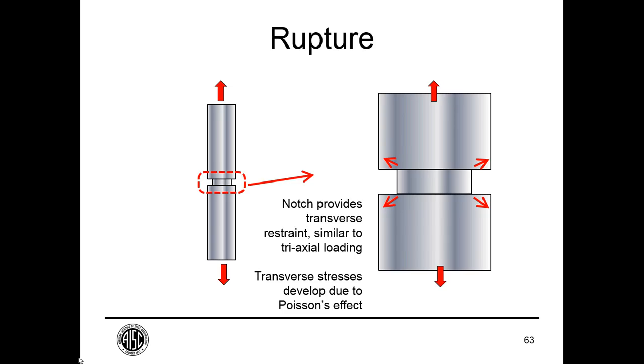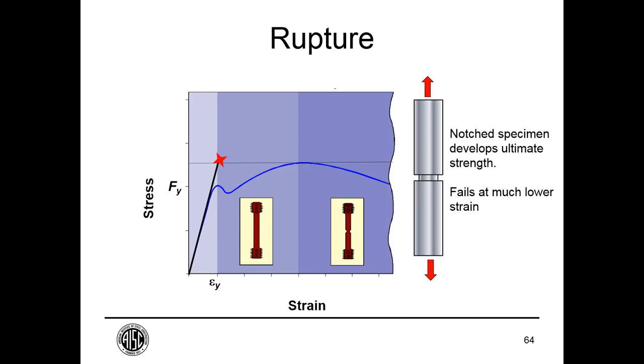As we stress it in its longitudinal direction, it tries to reduce its cross section due to Poisson's effect. But the higher stressed area in the middle can't reduce because it's restrained by the lower stressed area immediately above and below it. So these transverse stresses build up, and we end up with restraint and the inability to yield.